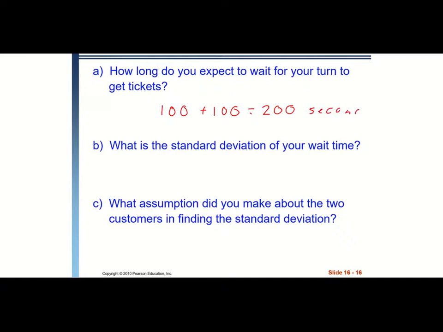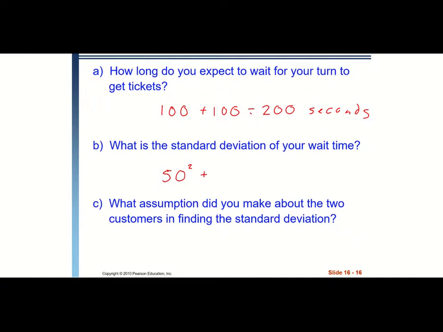Standard deviation is not quite as logical. To find the standard deviations of independent random variables, we want to add the variances together. So we have one customer who has a standard deviation of 50 seconds, and another customer who has a standard deviation of 50 seconds. To find the standard deviation of our wait time, we add the variances for both of these customers.